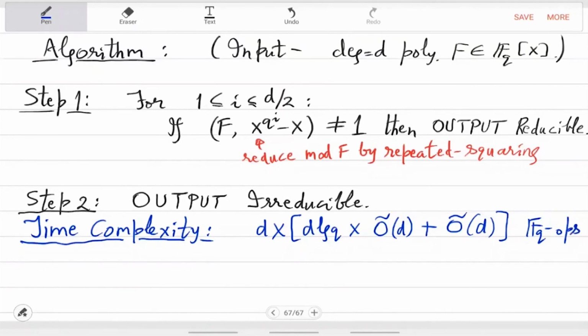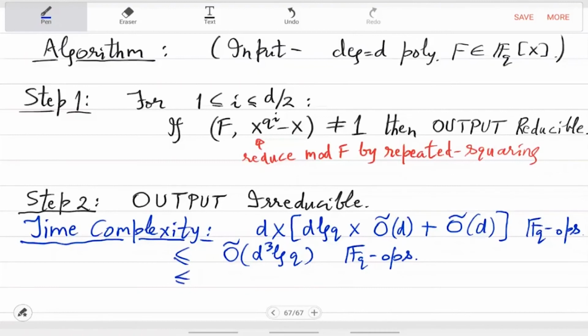Okay. Any questions? So this is the time complexity, which well, ultimately we can talk about actually bit operations as well. So this is at most d cube log q, which is at most... FQ operations will take how much time?